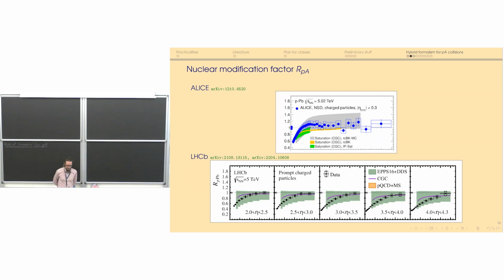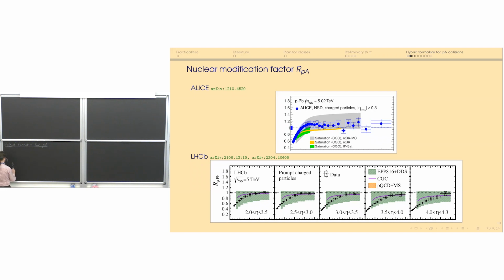So what is the hybrid formalism? Let's first do some kinematics, which I think is maybe trivial for many of you, but it's still useful to think about a little bit. Here we start with a proton. Proton is going that way.